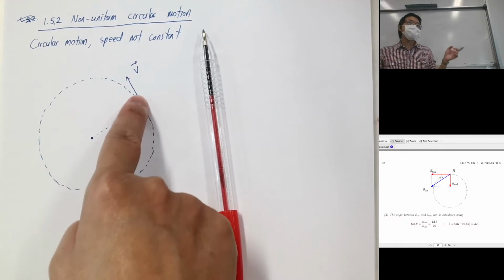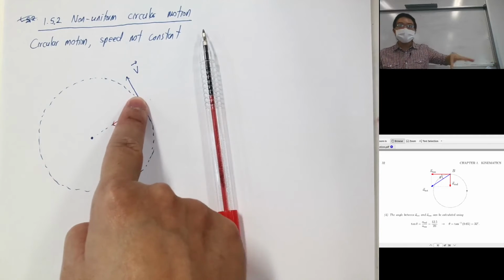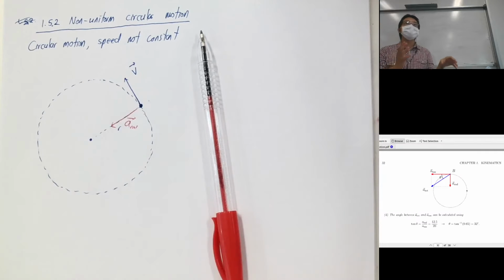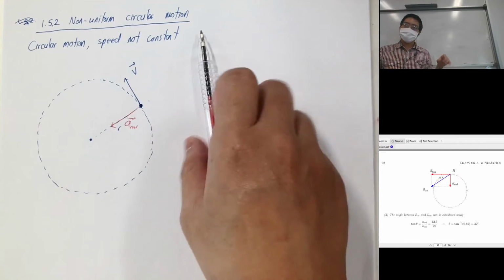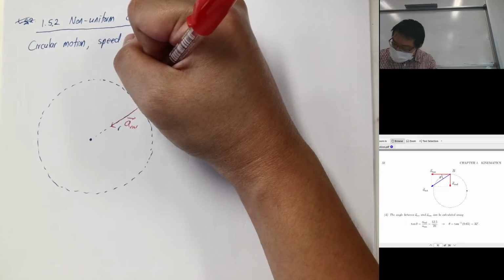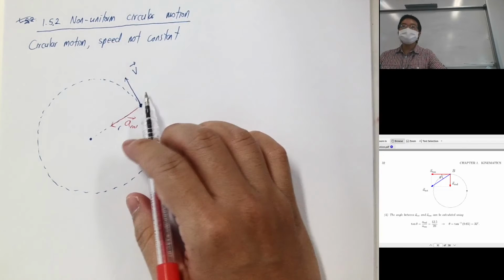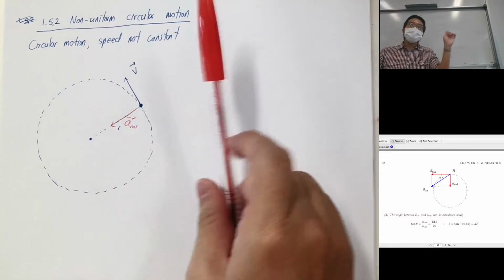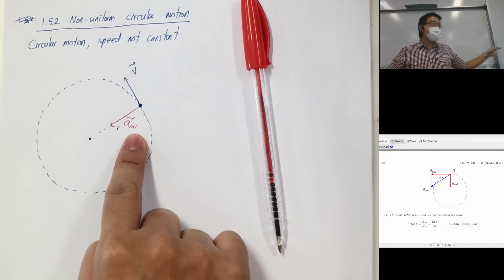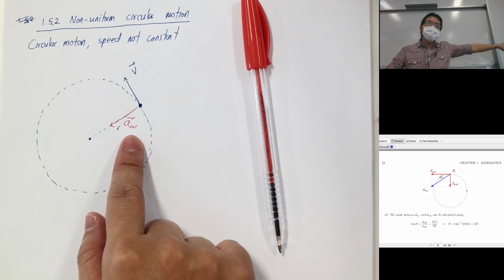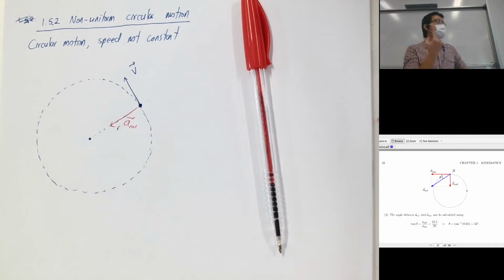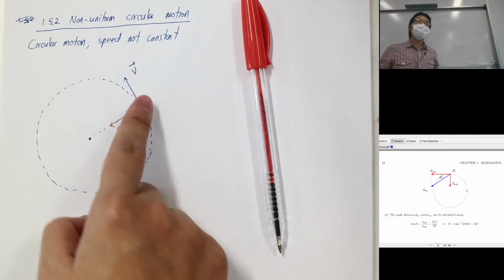So if the speed is changing, there must be another acceleration that causes the speed to change. Because it's only changing speed, and changing direction is already settled by the radial term, we want the new acceleration to change the speed only.